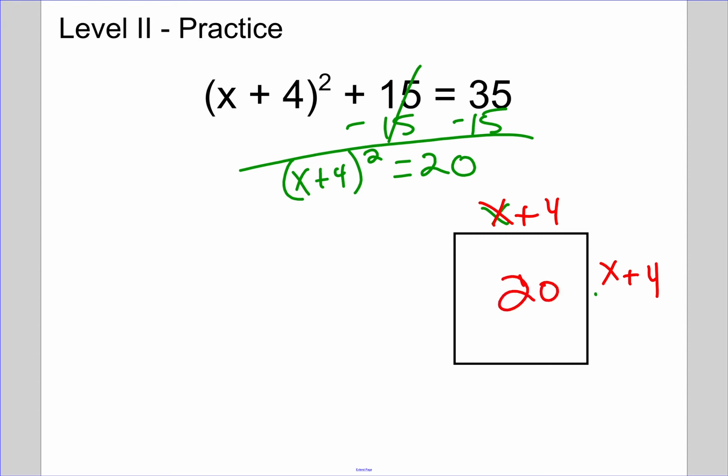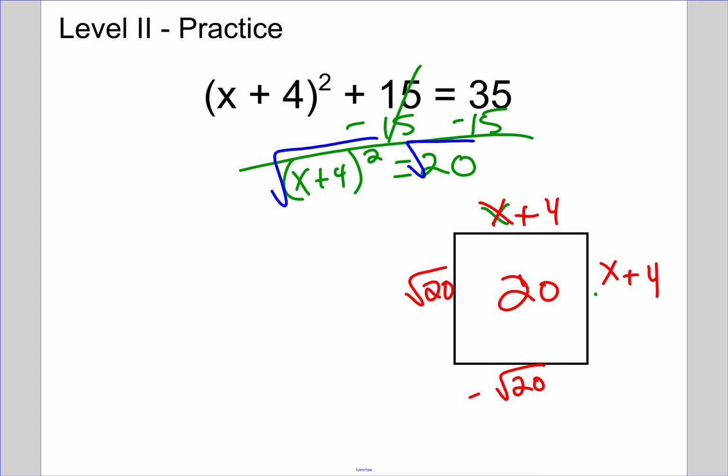So we're looking for the number that multiplies by itself to give us 20. That's the square root of 20. If you're worried about reducing radicals, you can find another video about reducing radicals. I'm just going to leave it as positive square root of 20 and negative square root of 20. That's the exact same thing that we're going to get if we take the square root here.